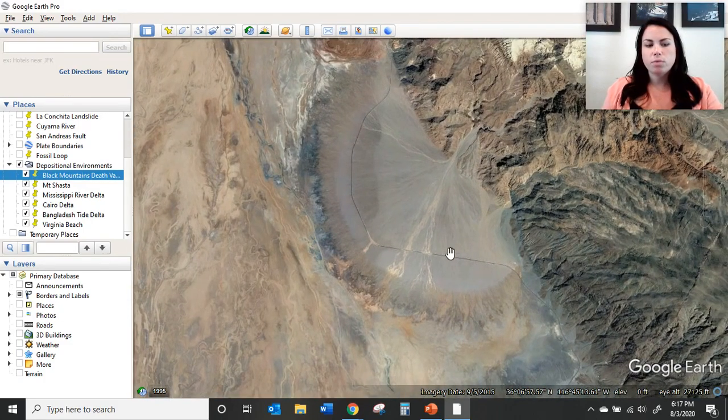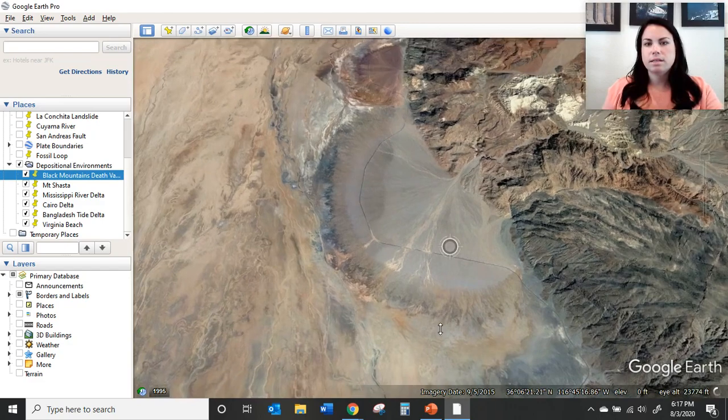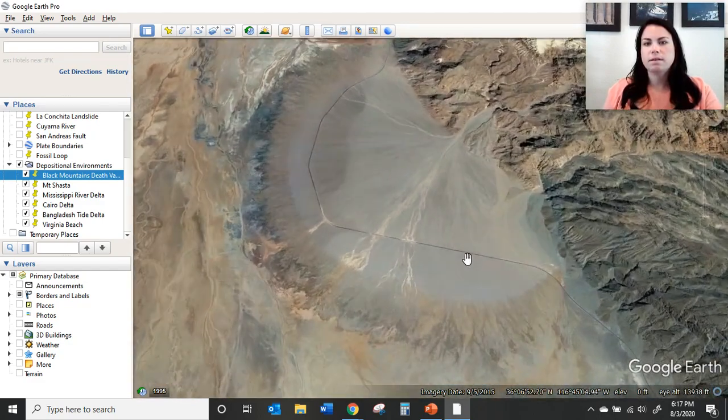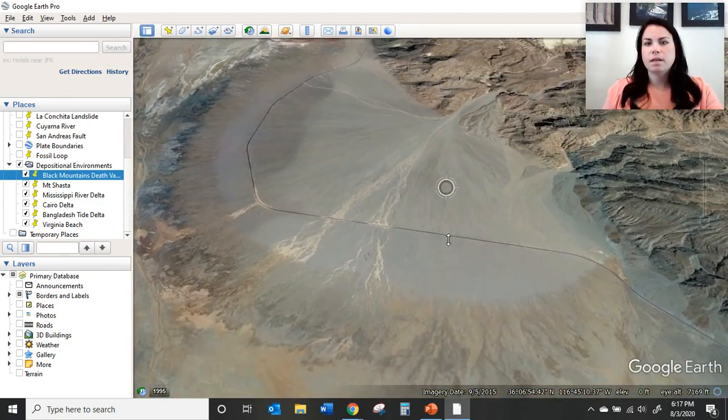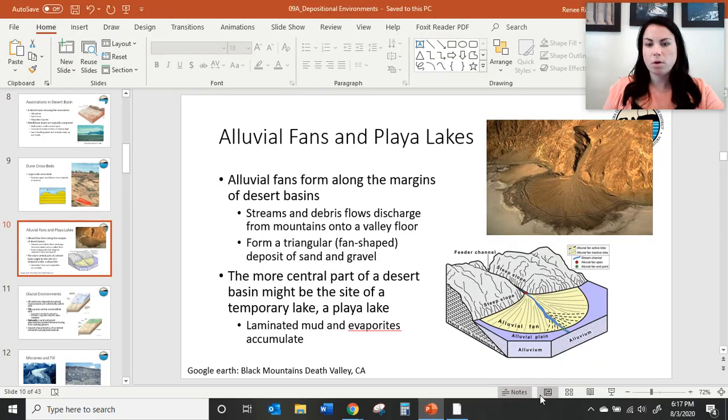And we can rotate a little bit and see the shape of this, how these are mountains, and that there's this source of deposit here that comes here, and then once it reaches the valley, then it spreads out into this fan. You can see it quite clearly. Okay, let's go back to the PowerPoint.